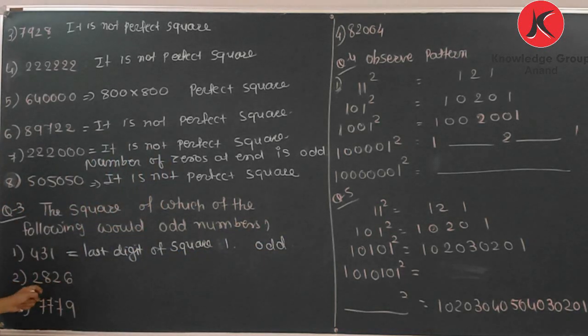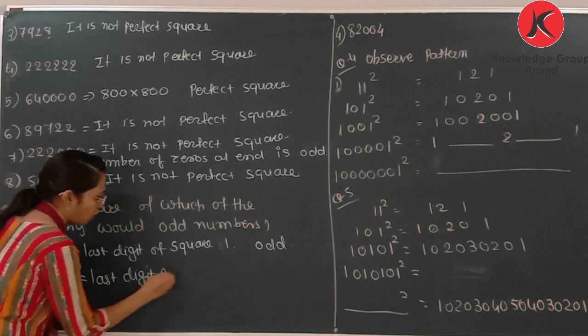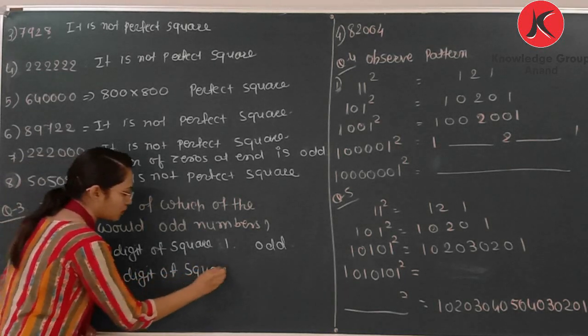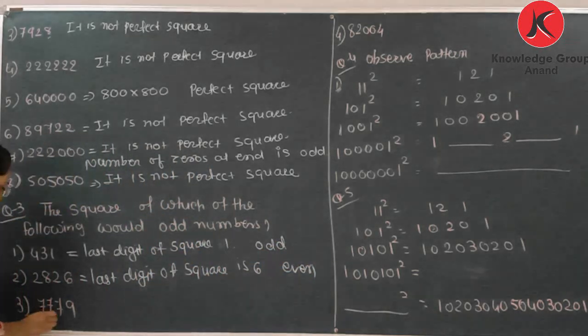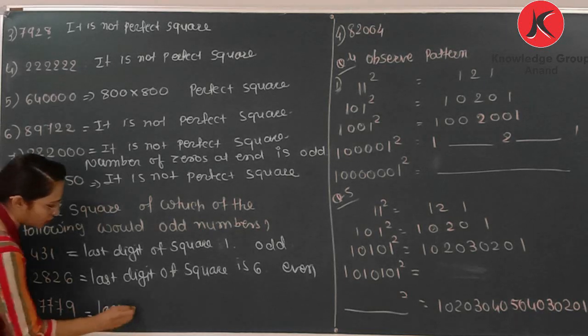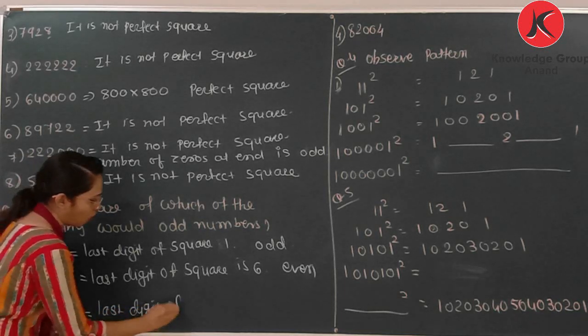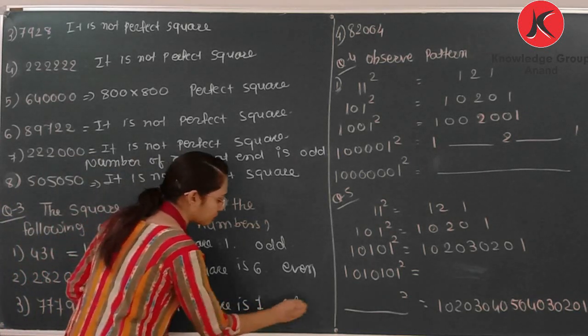If you perform the square of 2826, last digit is 6 squared, just 36. Last digit of square is 6, so it is even. Now 9. If you perform the square of 9, 9 times 9 is 81, so last digit is 1, and that is odd.